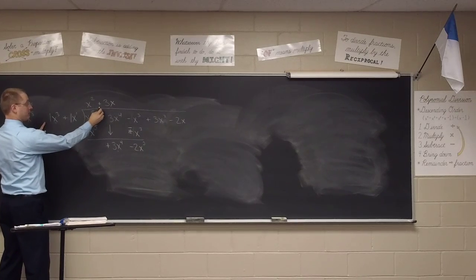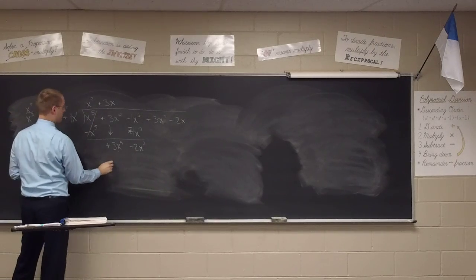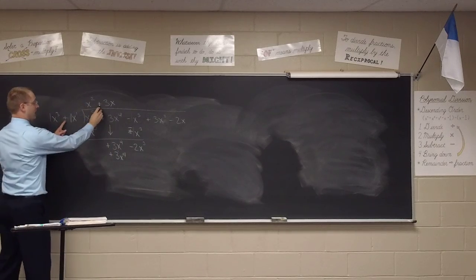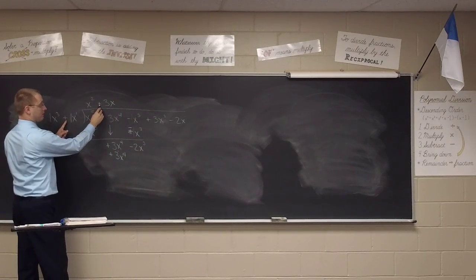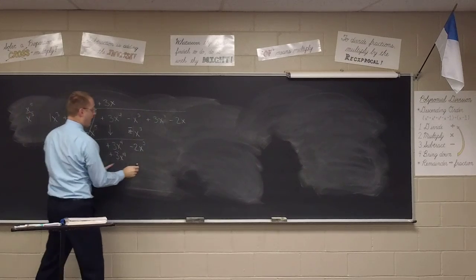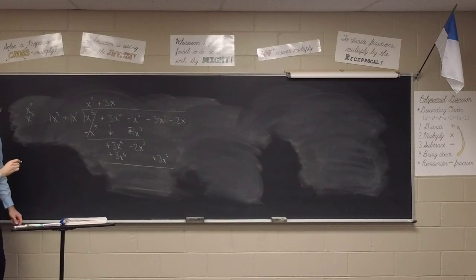Sign, number, letter. X to the 4th. All right, then sign, number, letter. Good. And that's going to have to go right here, notice, underneath the other x squared. Does that make sense? Keeping things lined up.